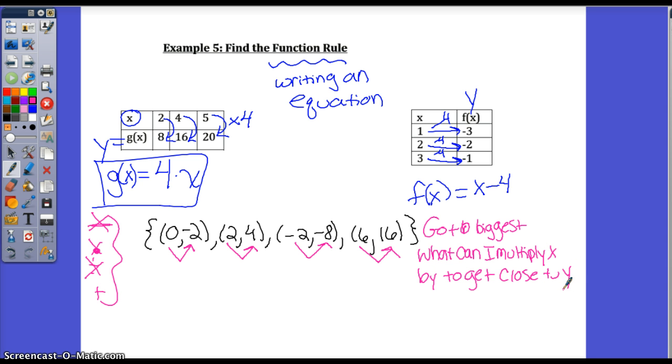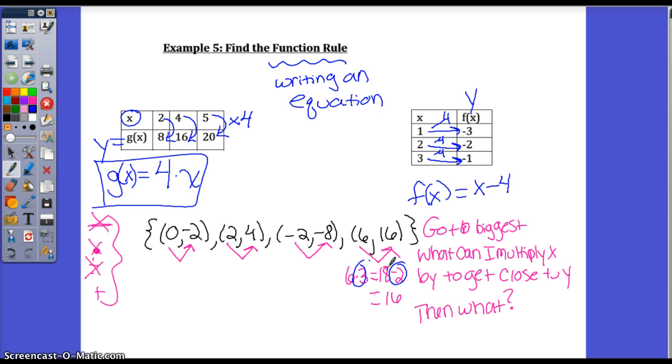What can I multiply 6 by to get close to 16? Well, what's 6 times 3? Well, that equals 18. That's pretty close. And then I asked myself, then what? How would I get to 16? Well, I would subtract 2, and that would give me 16. So what did I do? First I multiplied by 3, then I subtracted 2.